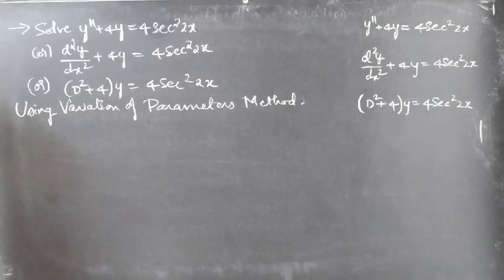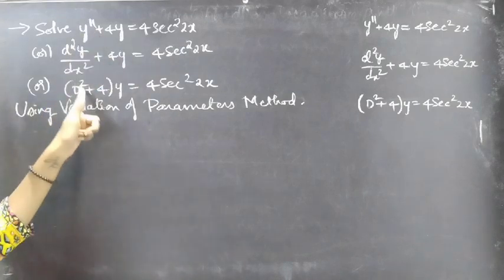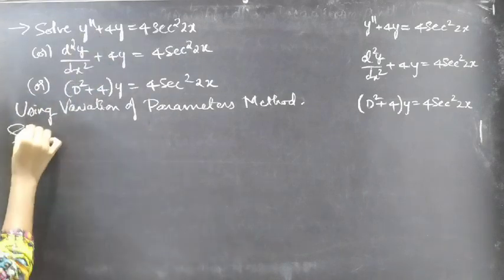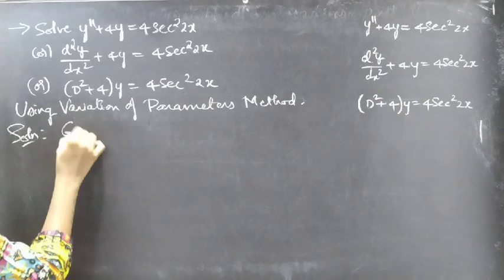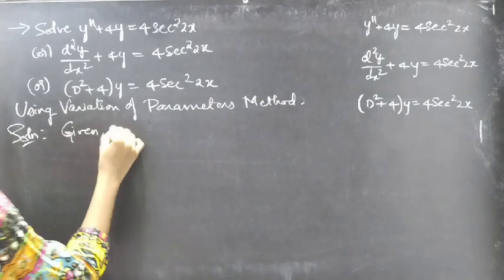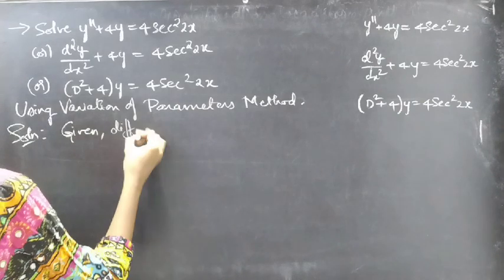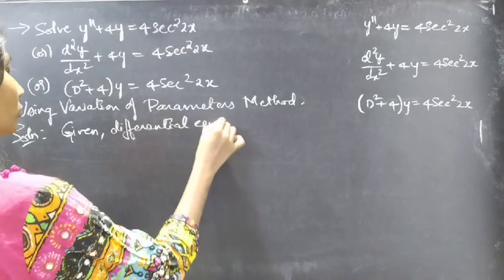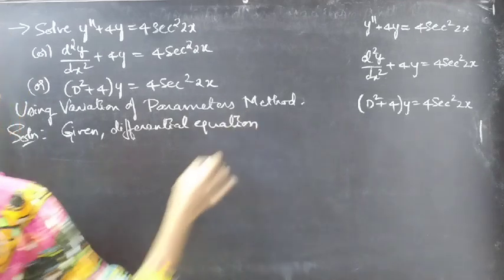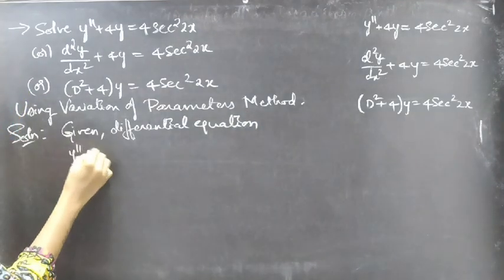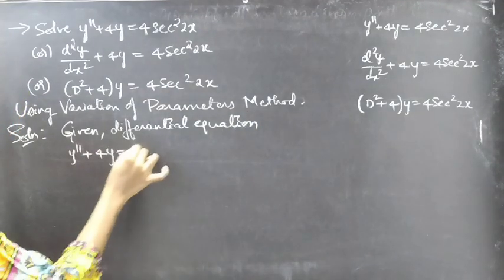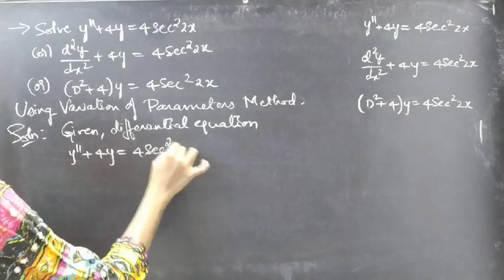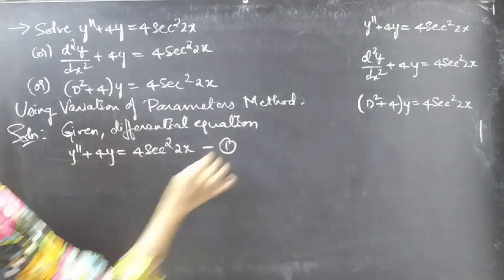So we are given a differential equation of order 2, right? Given differential equation, y'' + 4y = 4 sec²2x, considered as equation number 1.